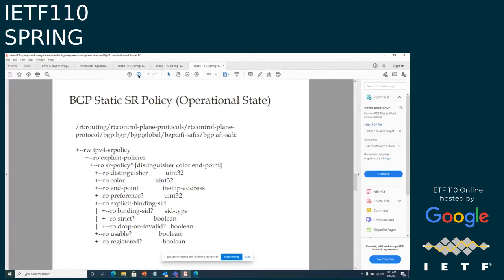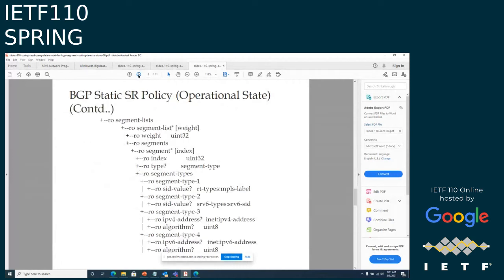You can move to the next slide. This is a continuation of the slide where the SR policy, since it's a controller pushed SR policy into BGP, so the controller itself gives all the required segment information, that is MPLS labels or the SR SIDs, which form the forwarding path, and so that information is being defined as part of this draft, and they are detailed in this slide.